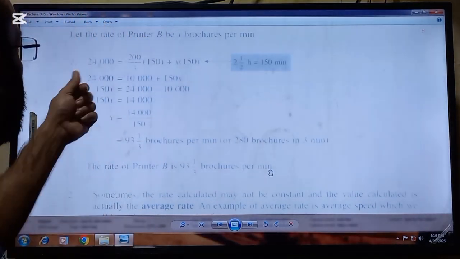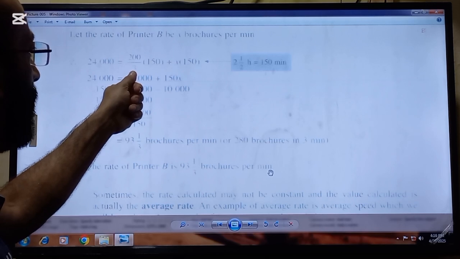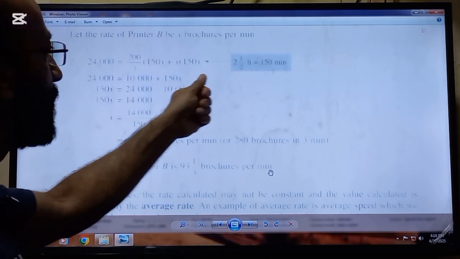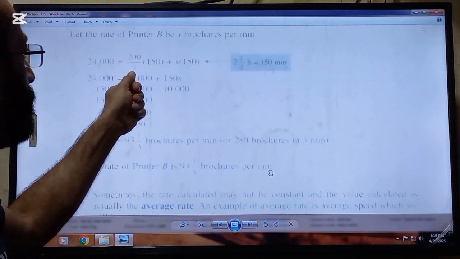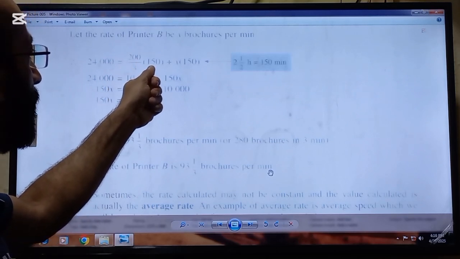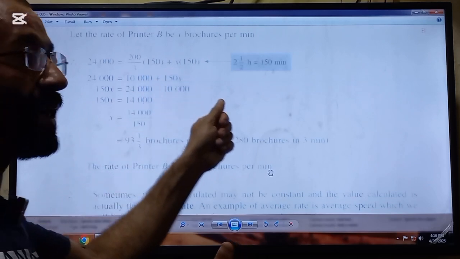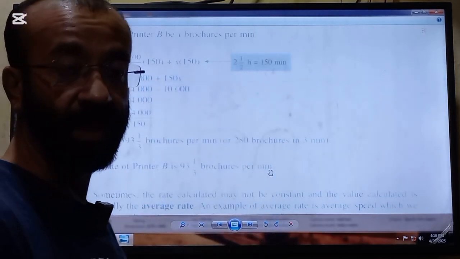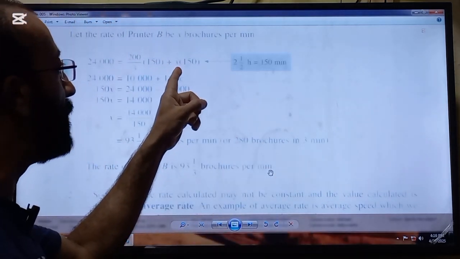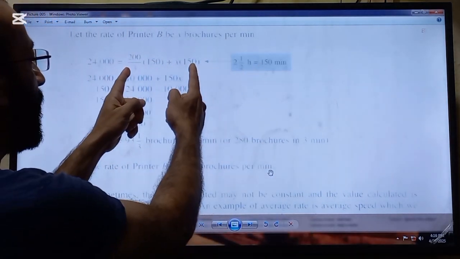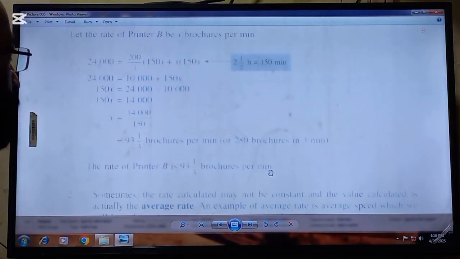So 24,000 brochures will be equal to the rate of printer A multiplied by 150, because in 2.5 hours there are 150 minutes, plus printer B is also working and the rate of printer B is missing. So let's suppose x is the rate of printer B, that will be multiplied by 150, because printer A and printer B are working together and the target to achieve is 24,000 brochures.